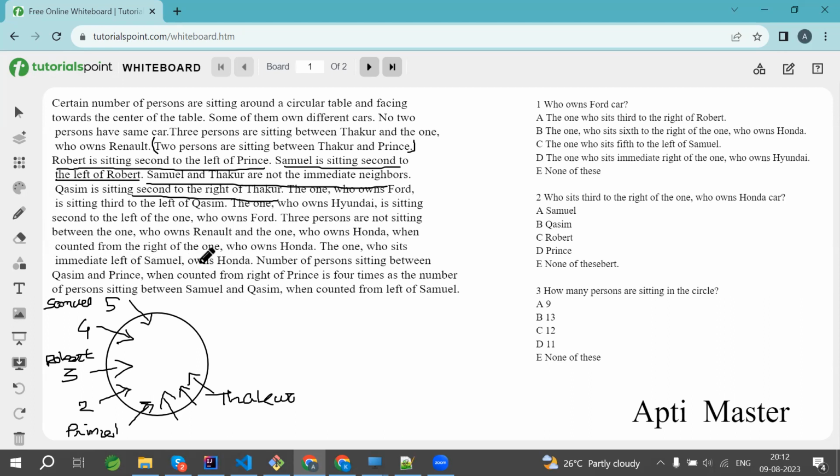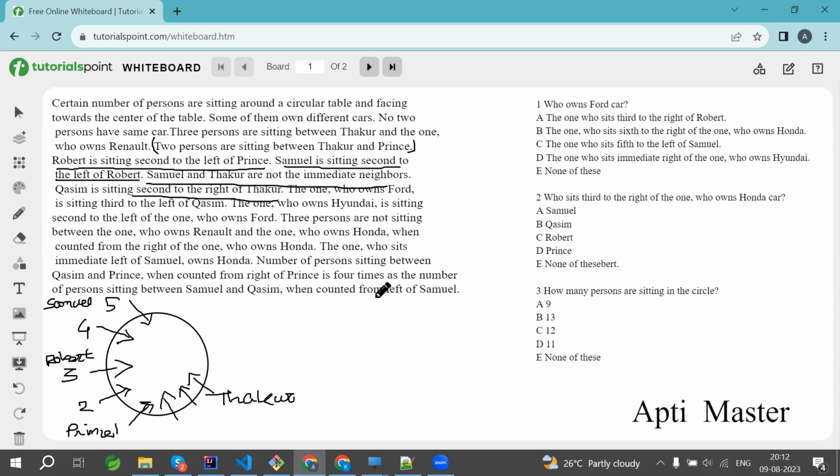First I am trying to focus on the persons, then I will try for their cars. The number of persons sitting between Qasim and Prince when counted from the right of Prince is four times the number of persons sitting between Samuel and Qasim when counted from the left of Samuel.